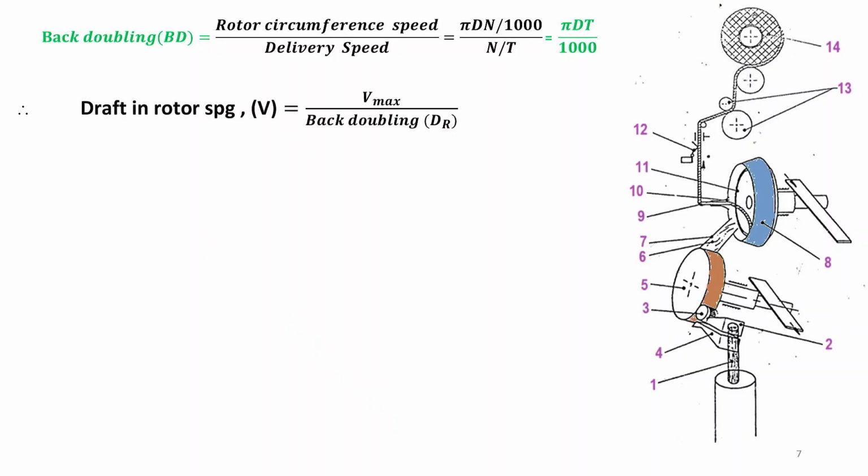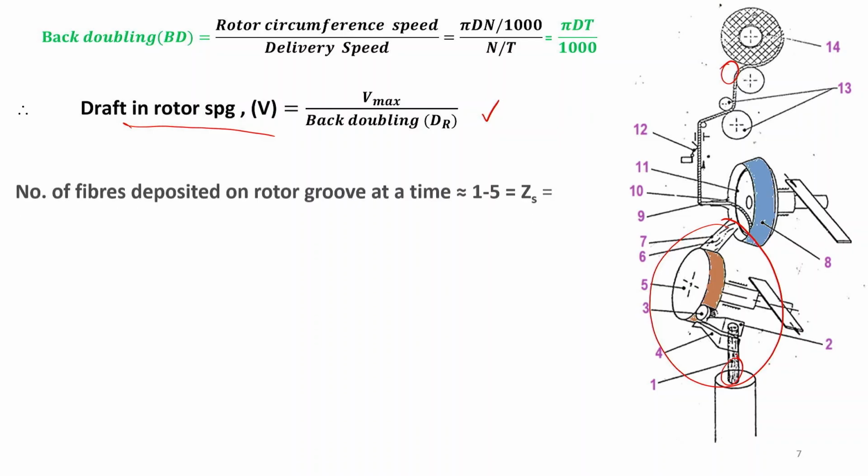Now, draft in rotor spinning, the total draft. From sliver to yarn, the total draft will be the draft up to the rotor groove divided by back doubling. That is the total draft given in rotor spinning.